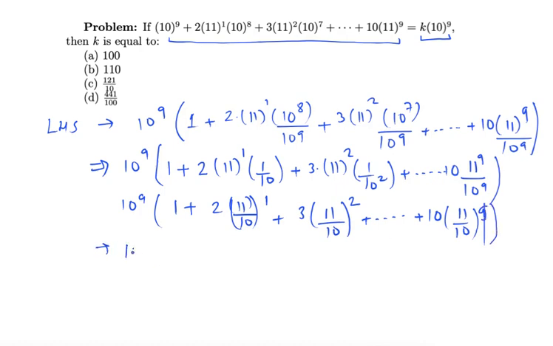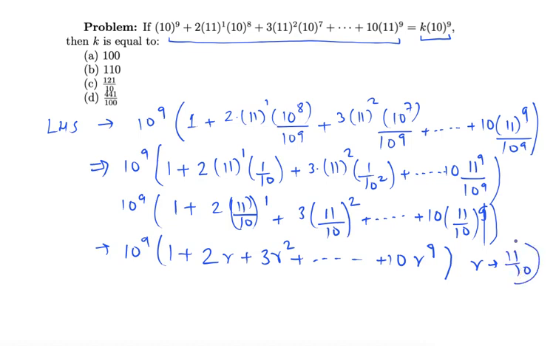Now let me just write a generic form. So this is 1 plus 2r plus 3r squared and so on, till 10 into r to the power 9, where r is equal to 11 upon 10.